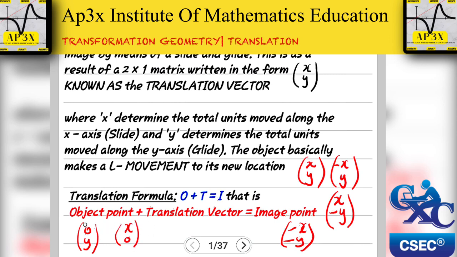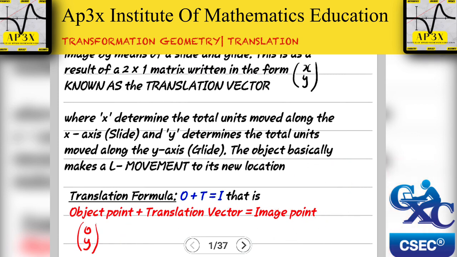Now, for these 2 particular points, 0y and x0, they are going to be points that lie exactly on the standard x-axis and y-axis. But we're going to get more in depth when we get to that point. As we approach the graphical representation of this, I will show you how these things are applied.